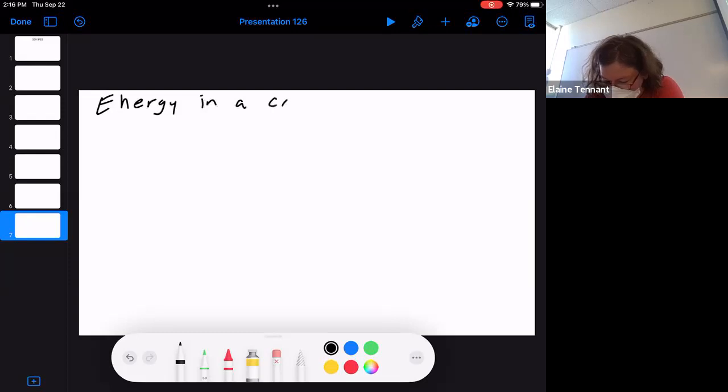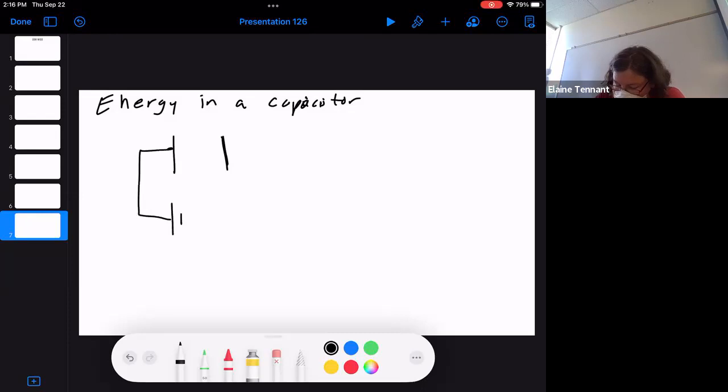In a capacitor, okay. So I have a parallel plate capacitor, like so. I'm going to draw it a little bigger just to make some exaggerations. And I'm going to hook it up to a battery with some potential difference across it.